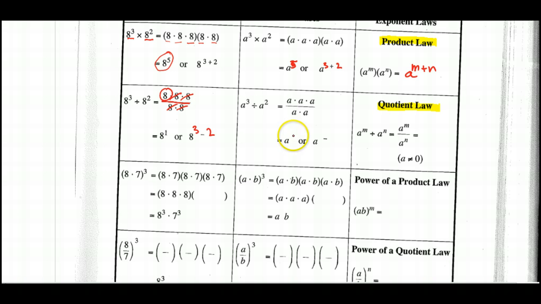So the general rule is a to the m minus n. The important thing is a cannot be 0, because we cannot have a 0 in the denominator. If a was 0, we'd get 0 in the denominator, and we all know that's not allowed.